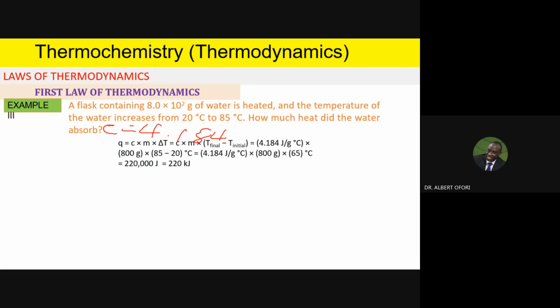So that's 800 grams times 4.184 times the change in temperature, which is almost like 65. And what are you getting? I'm getting 220 kilojoules. What did you get? This question, the answer is 217,568.